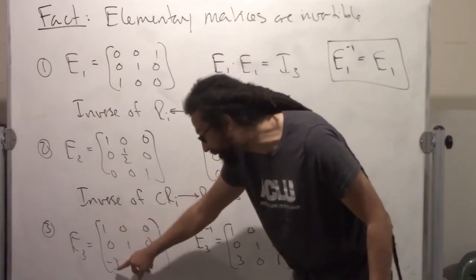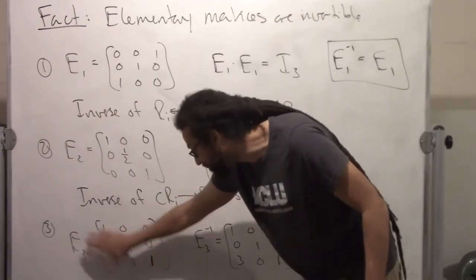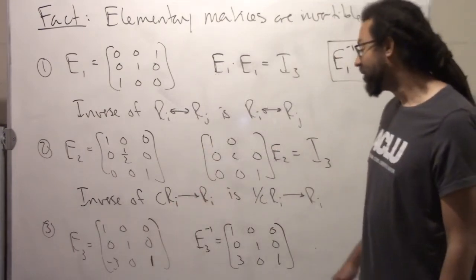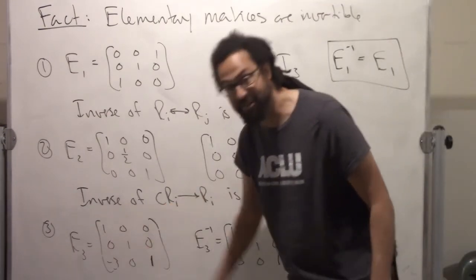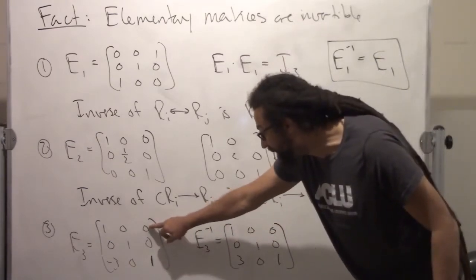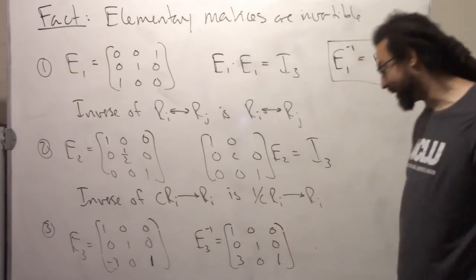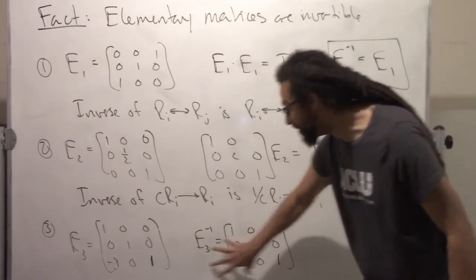That +3 and the -3 will give us a 0 here, and that'll get us back to the identity matrix. So what is the inverse of this action? Instead of adding -3 times row 1 to row 3, I'm going to add 3 times row 1 to row 3. So this is the inverse of this matrix.